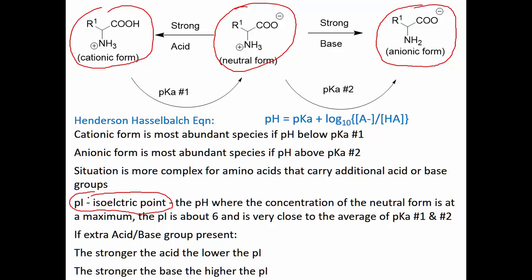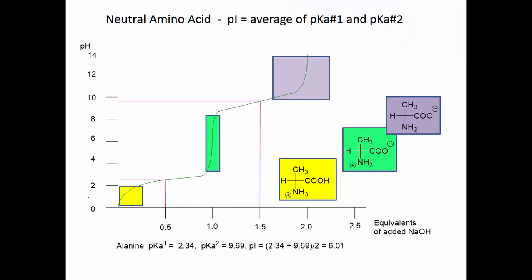And let's look at a few titration curves here. This is the only titration curve in the organic chemistry class, probably. Okay, so a neutral amino acid, the pI is the average of pKa number 1 and pKa number 2. Okay, so right around 6 here. And this is where we've added exactly one equivalent of neutralizing base here.